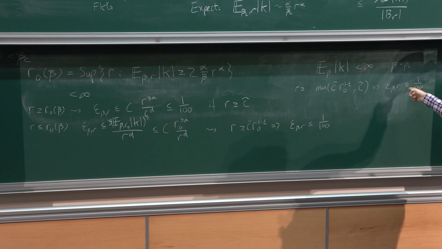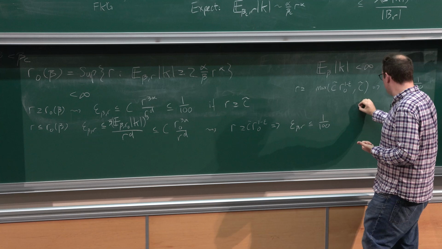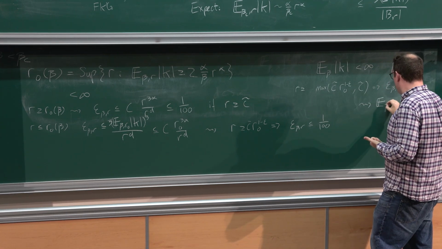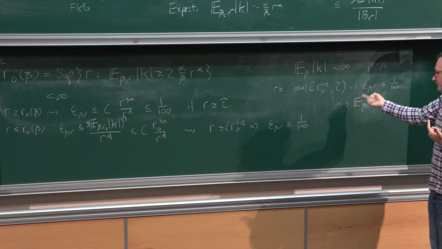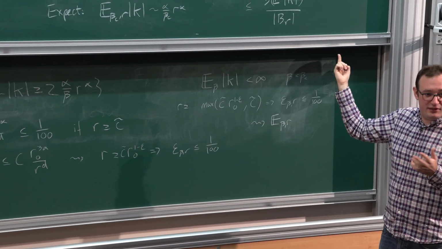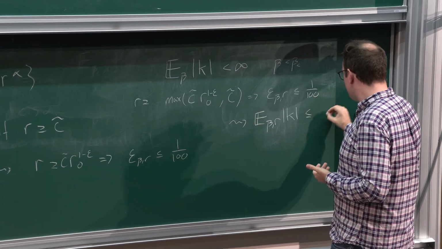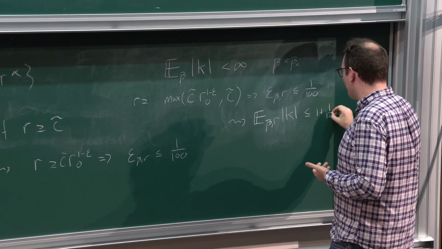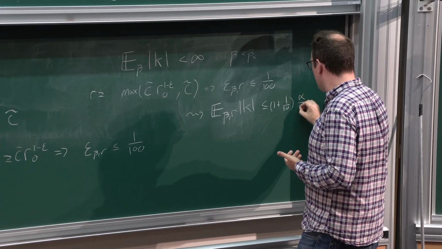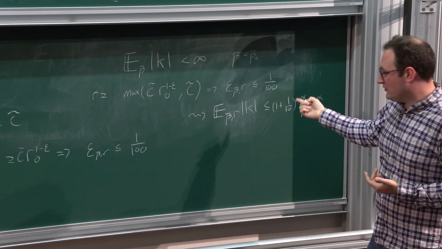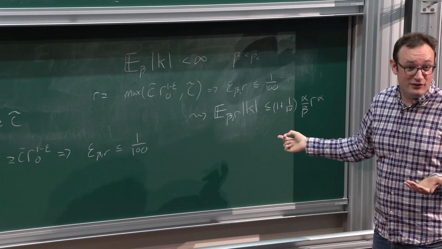But we saw that if you just have a small error here, that suffices to analyze the ODE, and we just analyze it from the scale R. We get that the susceptibility, here we're doing the inequality version because beta is less than beta c, so it actually doesn't blow up as you approach criticality, but that's fine. You get, let's say, 1 plus 1 over 10, where this is a made-up constant, of course, but it's just some small number, times the asymptotics that you would get if the error actually went to 0. But of course, this is smaller than 2.